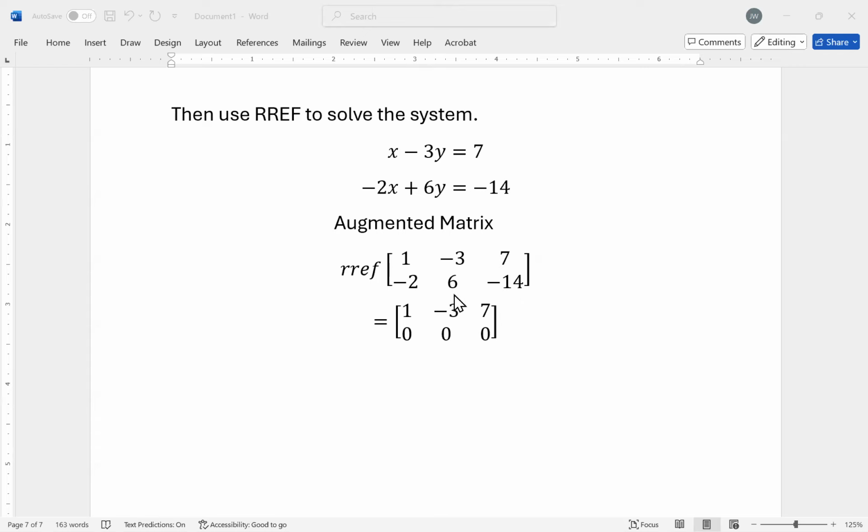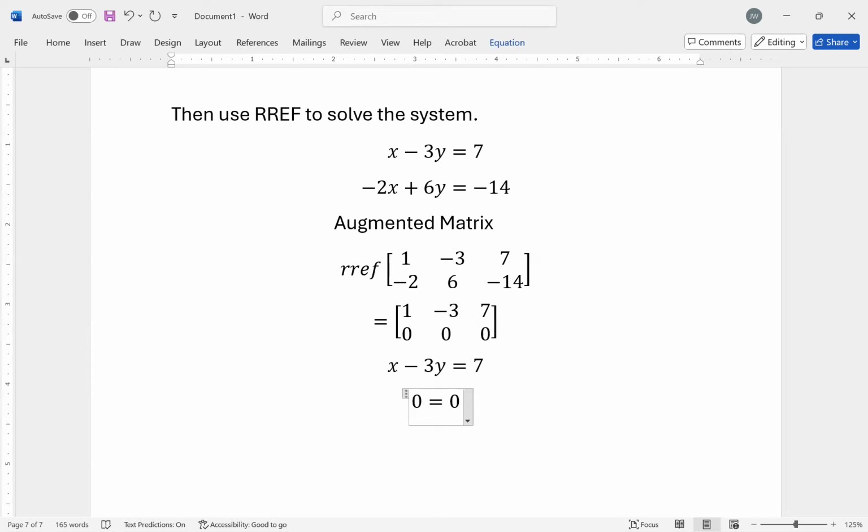When I plug that into my calculator and do a row reduced echelon form of that matrix, I get first row of 1, -3, 7, and a second row of 0, 0, 0. And what this means is that x minus 3y is equal to 7, and 0 is equal to 0. That's my two equations from my row reduced echelon form of that matrix.